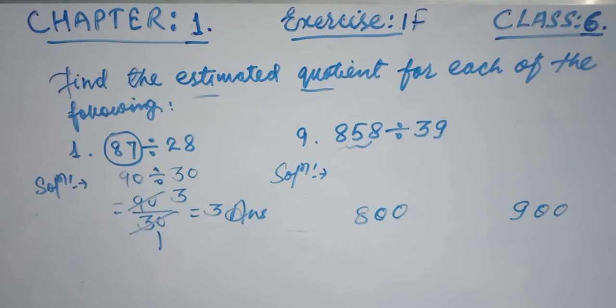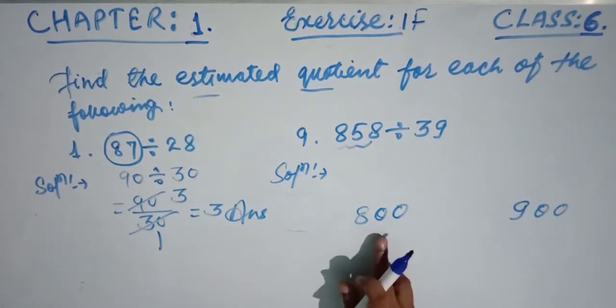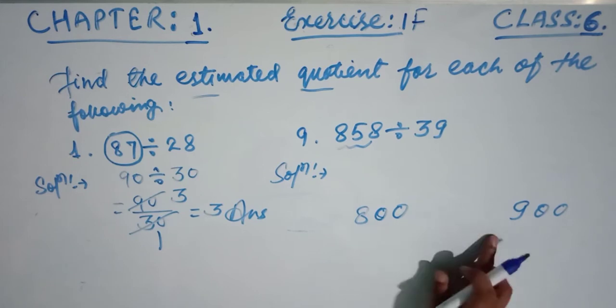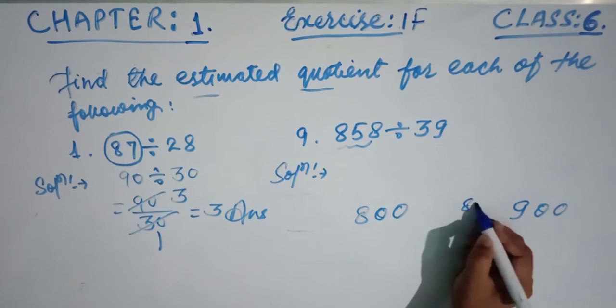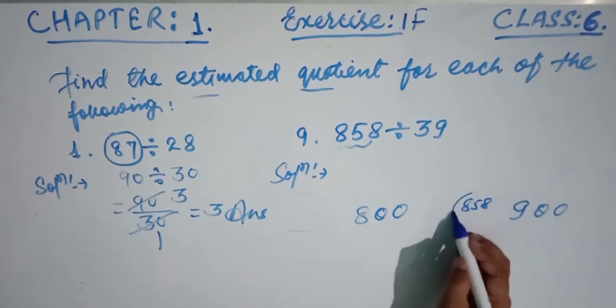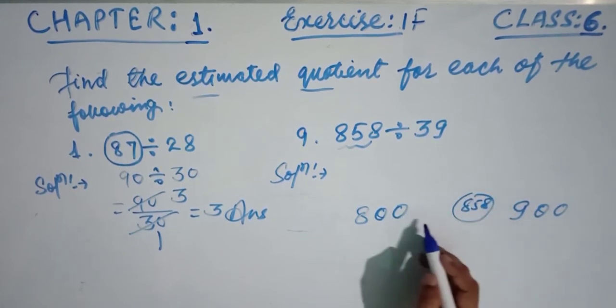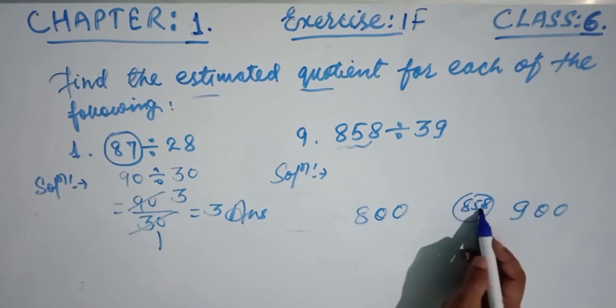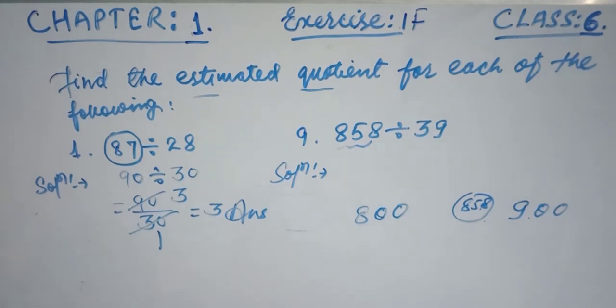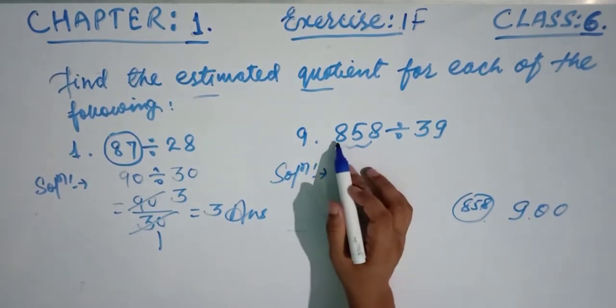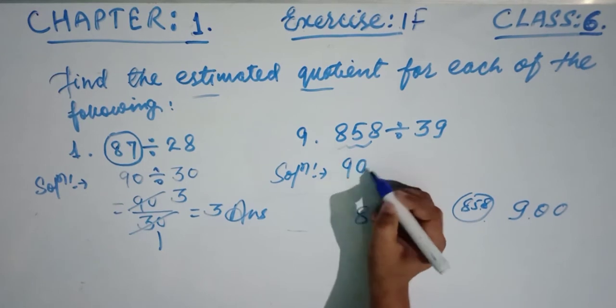Look, friends, 858 is approaching 900 and is a little bit far from 800. It is much closer to 900 because it is far away from 800. So 858 is nearer to 900 than 800. This is why we can write 900 instead of 858.